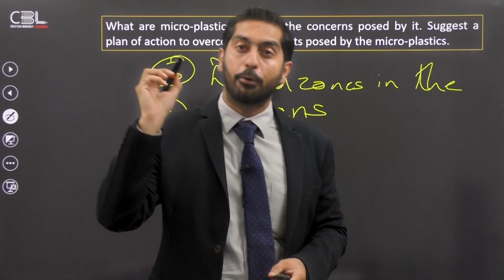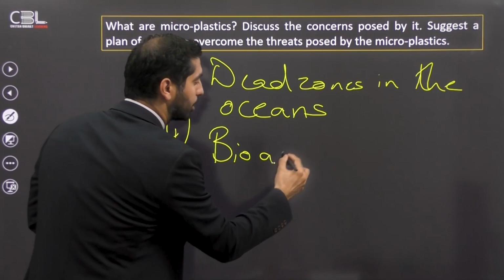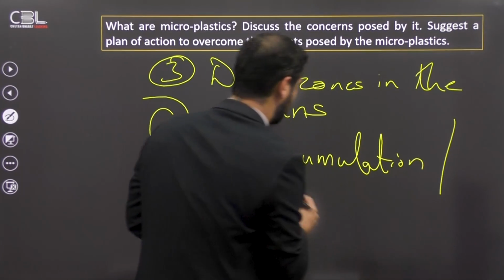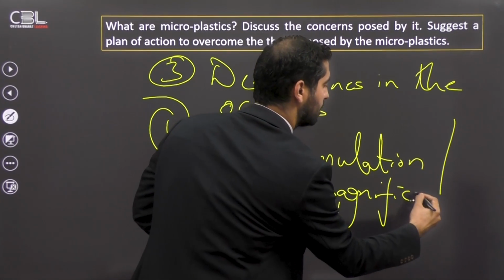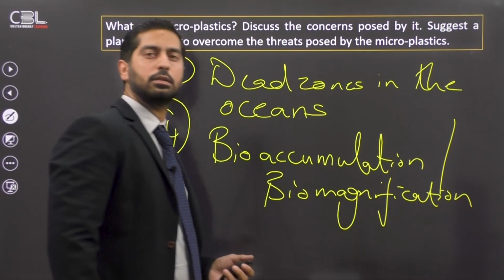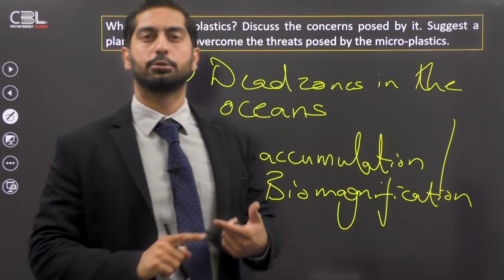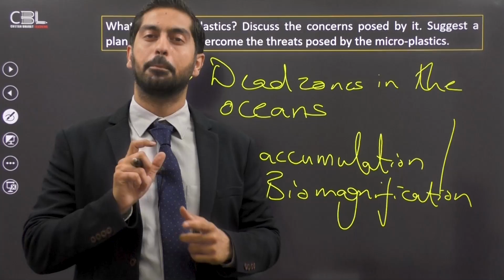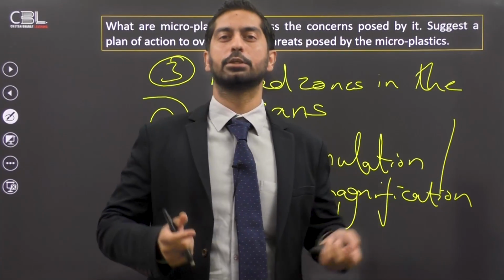Next, the potential of bioaccumulation as well as biomagnification. They may have got leached into the groundwater. They may have got discharged into rivers. They may have ultimately reached the oceans. But how do they affect biodiversity? How do they affect the flora and fauna in these ecosystems?